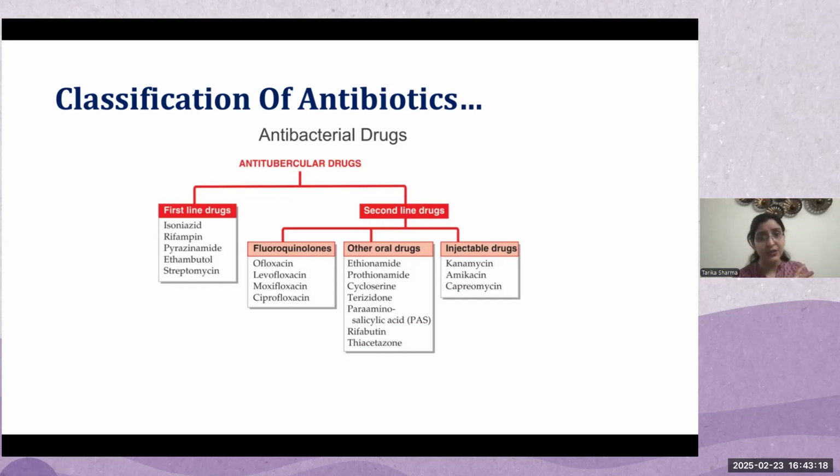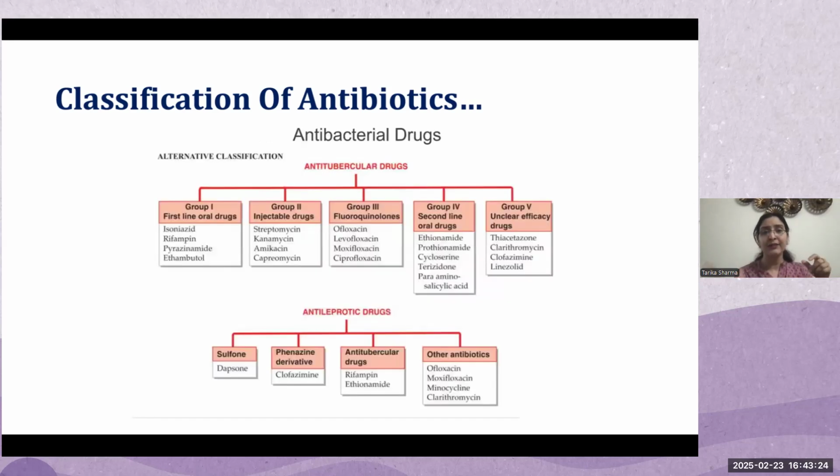Then you have the second line drugs, where you can go for levofloxacin, ofloxacin, ethionamide, kanamycin, amikacin, etc. Also, anti-tubercular drugs are grouped, with group 1 being the first line oral drugs, then injectable drugs, fluoroquinolones, etc. And then you have the anti-leprotic drugs, which work for leprosy, like Dapsone, phenazine derivatives, and other antibiotics.